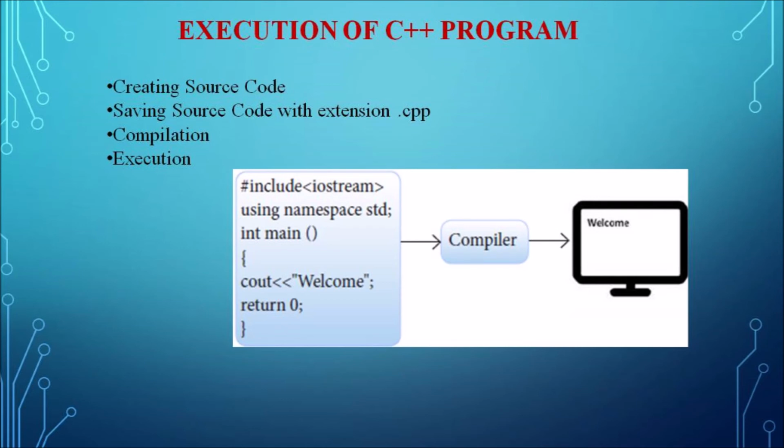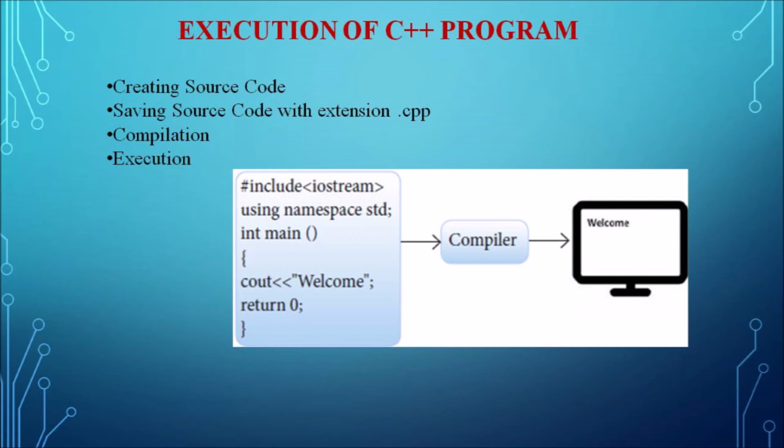Once the program becomes an executable file, the program has an independent existence. So that program can be executed or run on any other machine. This means the user can run the application without the help of the compiler or any IDE, that is, integrated development environment.